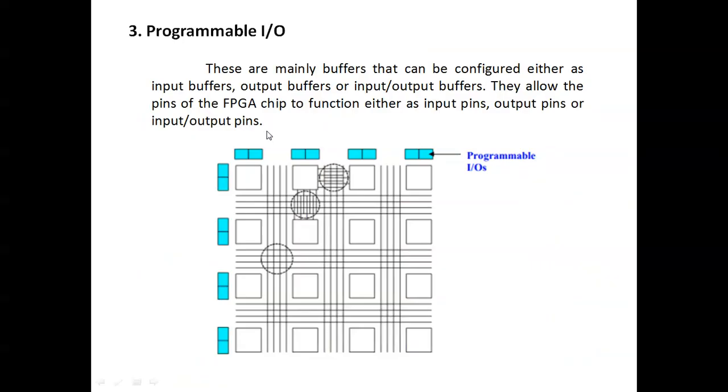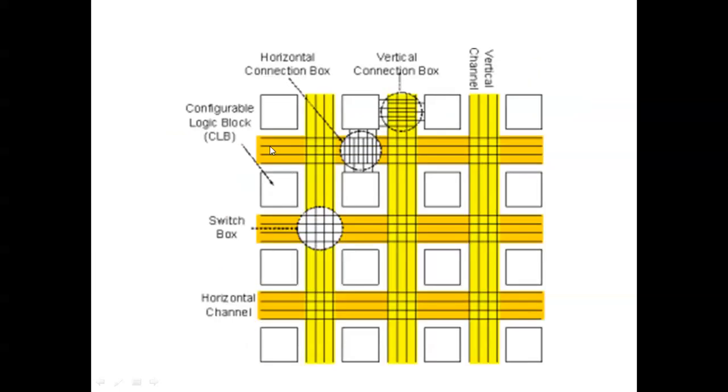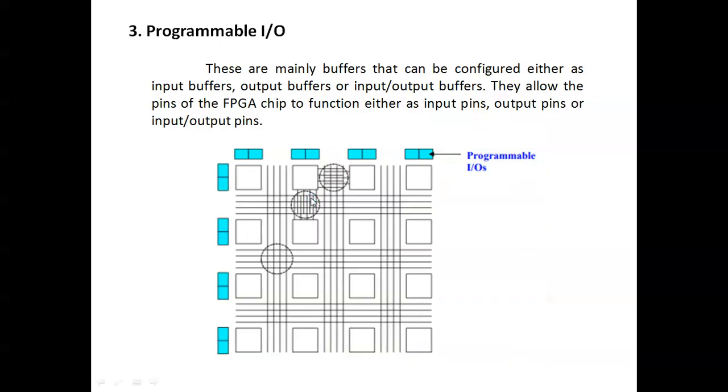And the last one is programmable input and output. See this diagram. Actually, previously this is the switch box. This is the horizontal channel, and this one is the vertical channel. Then the vertical connection bus and horizontal connection bus. These are the main buffers that can be configured. Actually, you know, input buffer, output buffer, that is input output buffer. That means whatever input you are giving will be sent to that particular device.